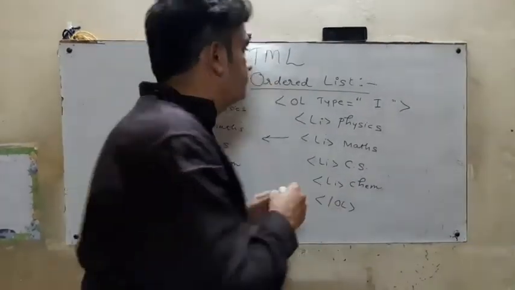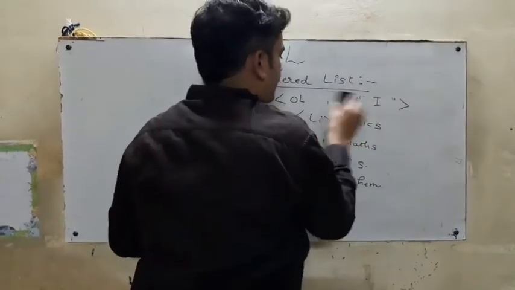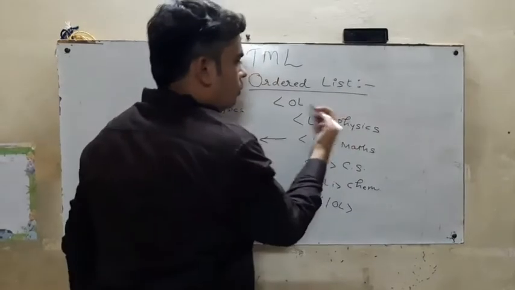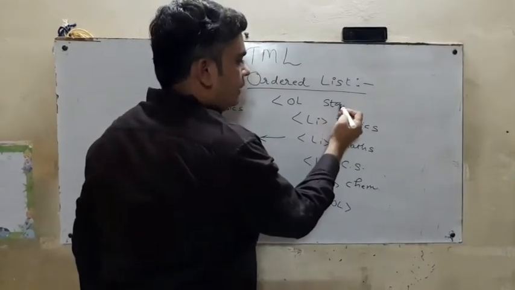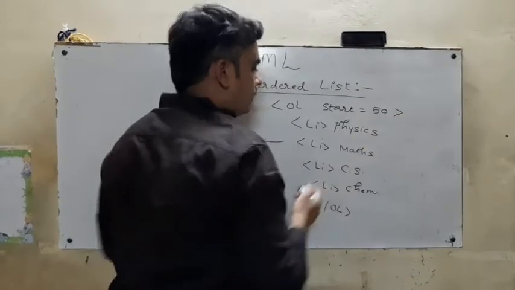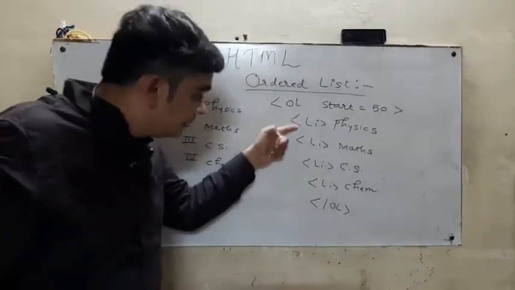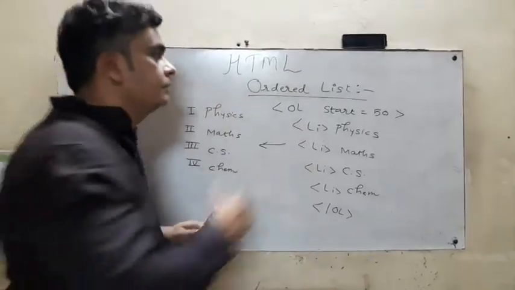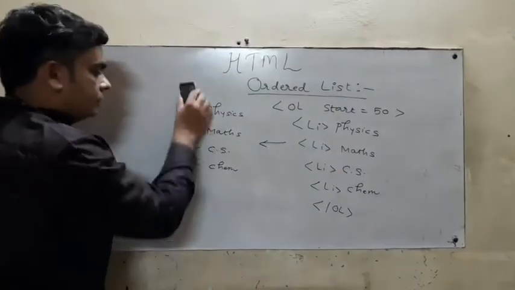So how can we use it? Suppose here instead of type, I write OL start is equal to, suppose, 50, and thereafter I represent all these elements. Then what will be its effect in my web page? It will show me the output like this.